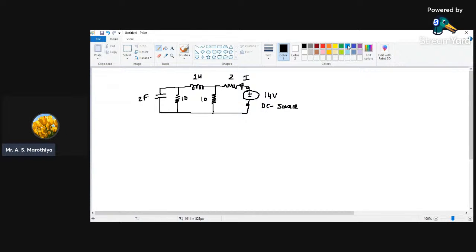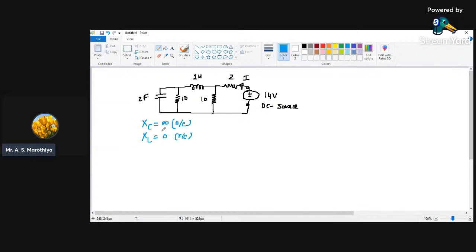So first of all, we need to apply that logic which we just discussed, that in case of DC, the Xc is going to be infinite, that means open circuit, and XL is going to be 0, that means short circuit.